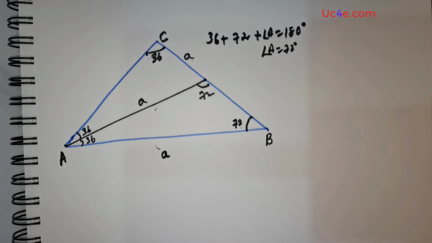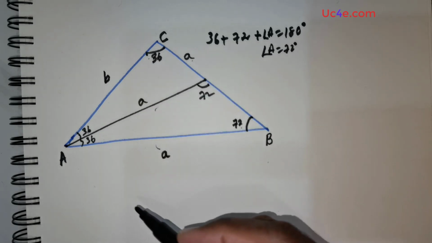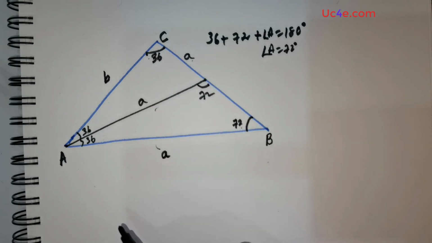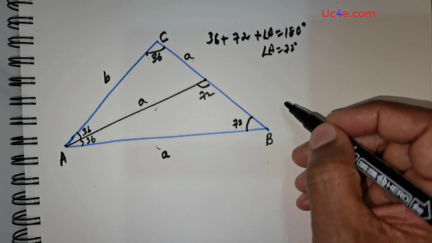So I've got this beautiful triangle. I'm going to be using this triangle and applying the most important property. Before I apply the property, let me take this side as B. Once I take that side as B, I would be able to apply the sine rule. We have got the law of sines in triangles.